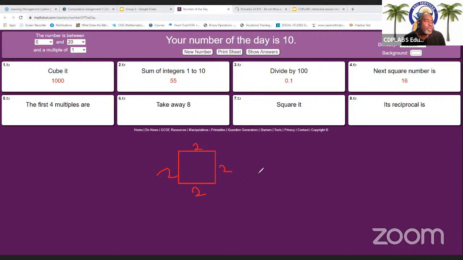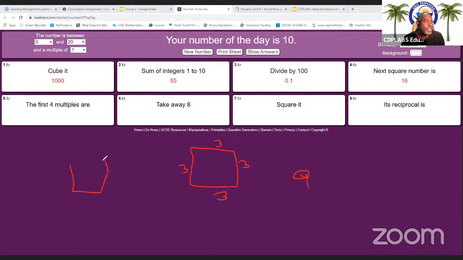So the square number here is 4, because 2 times 2 is 4. And let's say I have another, and this is 3. The square of 3 is 9. So 9 is a square number.